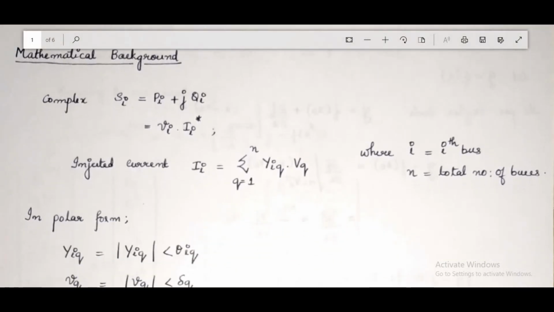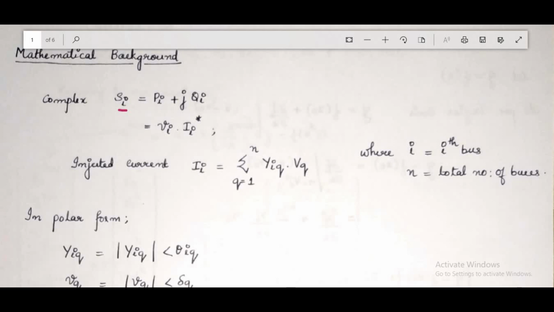Now in power system point of view, we know that the complex power Si, S represents complex power, or rather our apparent power Si, where this i represents bus number. Si means apparent power of ith bus is equal to Pi plus jQi, where P represents active power and Q represents reactive power.